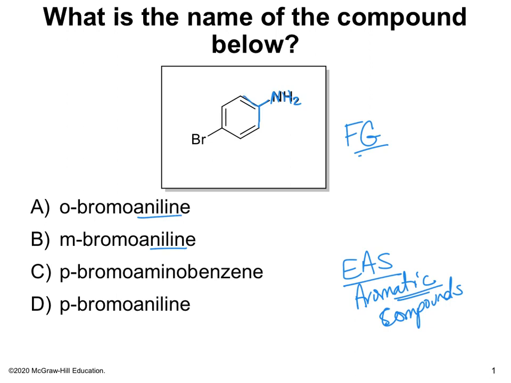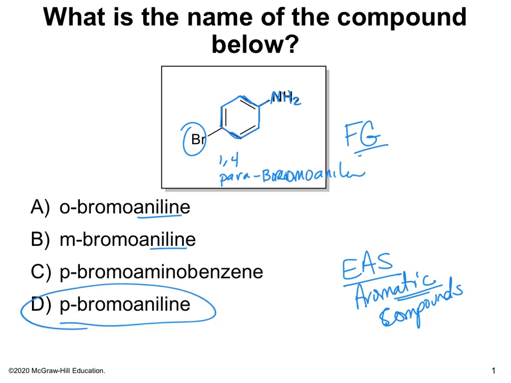So that's aniline. And so the relation here is 1,4, which is para, bromo aniline. So para-bromo-aniline is D.